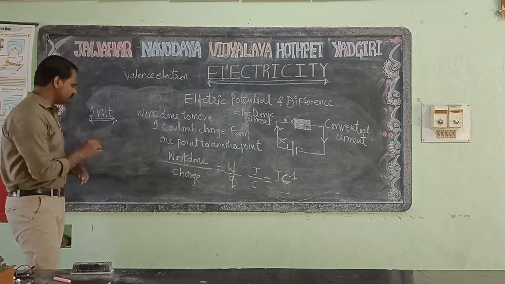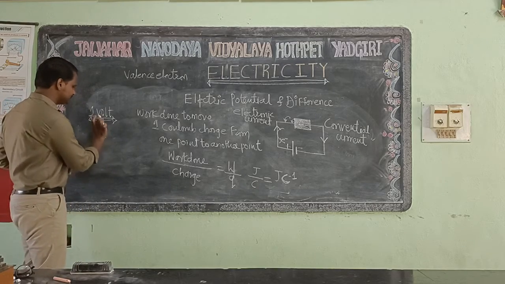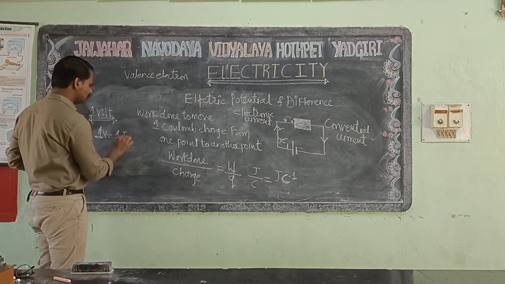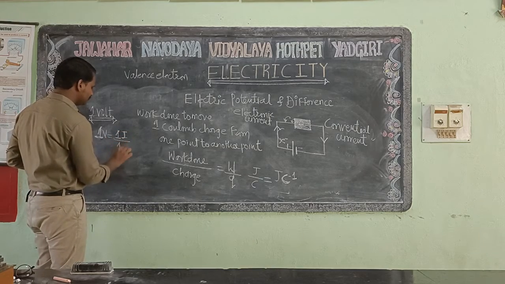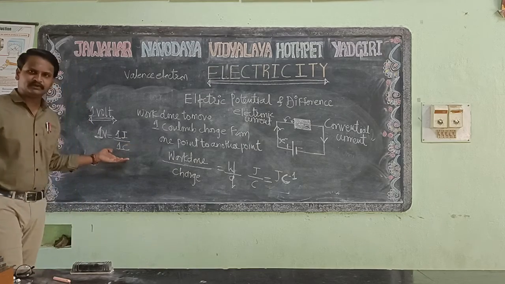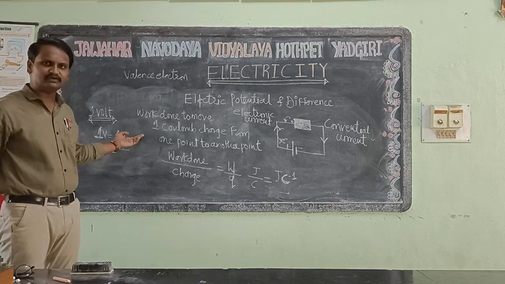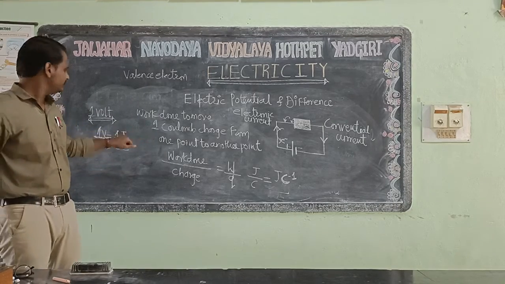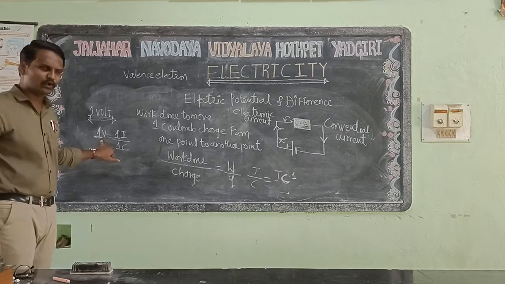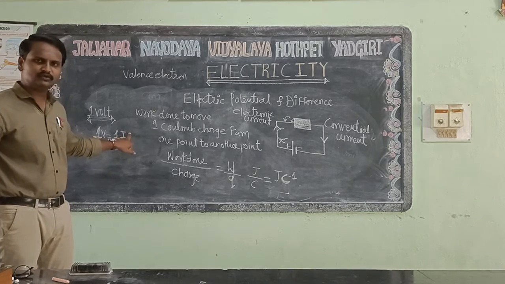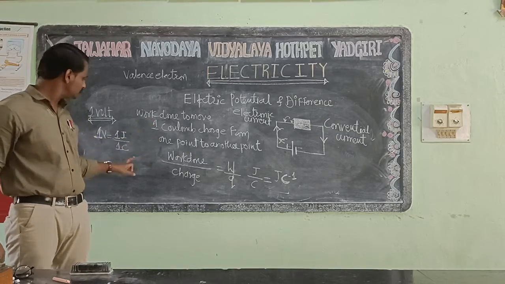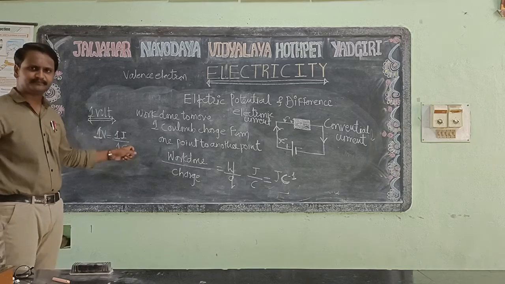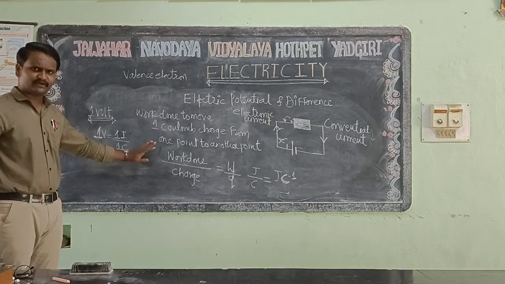So how can we define 1 volt? 1 volt is equal to 1 joule by 1 coulomb. When 1 joule of work is done to move 1 coulomb of charge from one point to another point, that is called 1 volt. That is called potential difference.